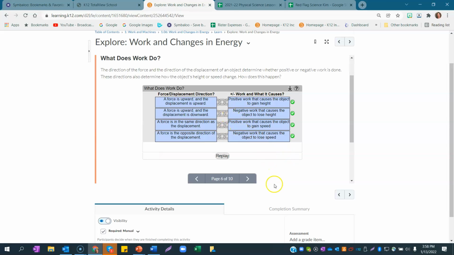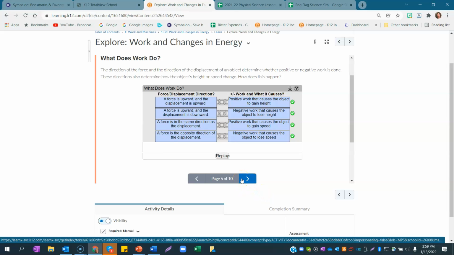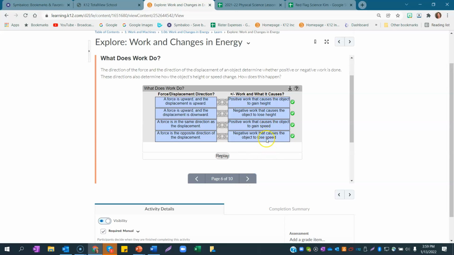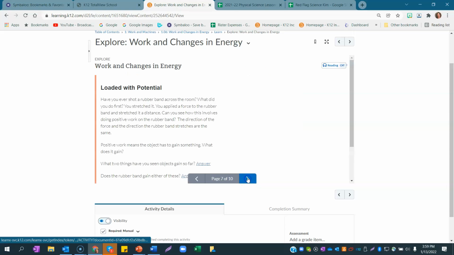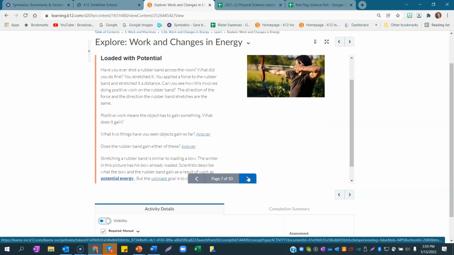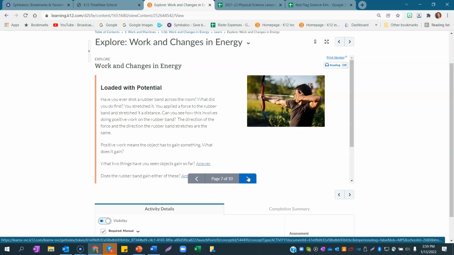Okay, I didn't read that carefully at first. The difference between positive and negative work could be the difference in the object gaining or losing height or gaining or losing speed. We can see that in all of these positive and negative work, and that is what answers question number 4. So now we're going to loaded with potential.